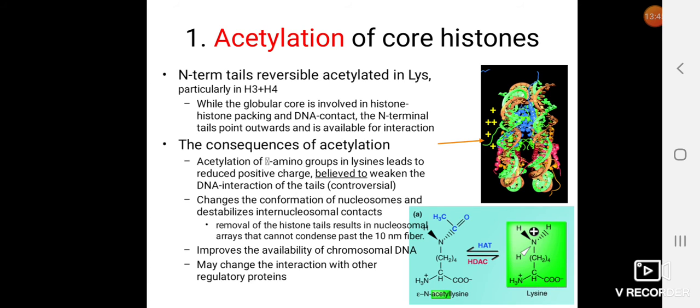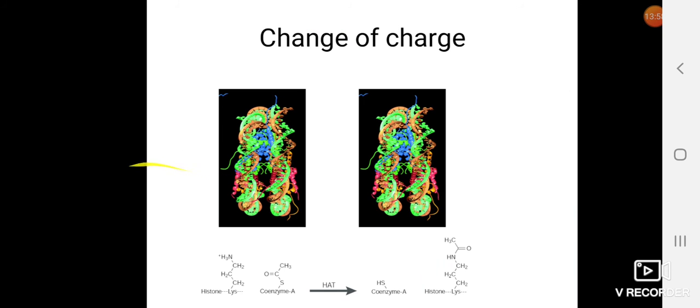So this leads to the removal of the histone tail from the DNA and improves the availability of DNA for the binding of transcription factors. That is how this modification, acetylation, plays an important role. You can see here the histone getting acetylated.